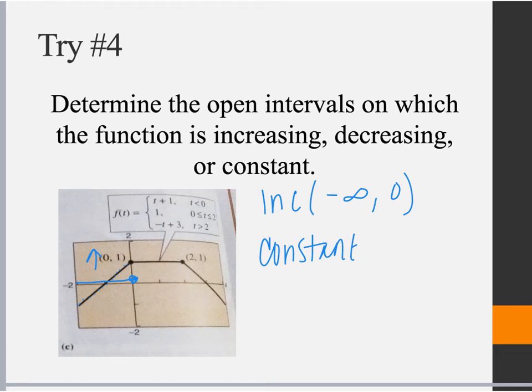I am constant from 0 to 2. So from here to here, I remain the same. And then finally, I decreased because I started going down. I decreased from 2 to +infinity.